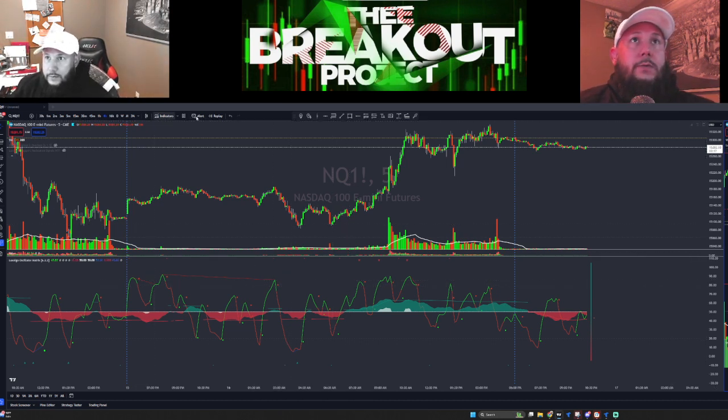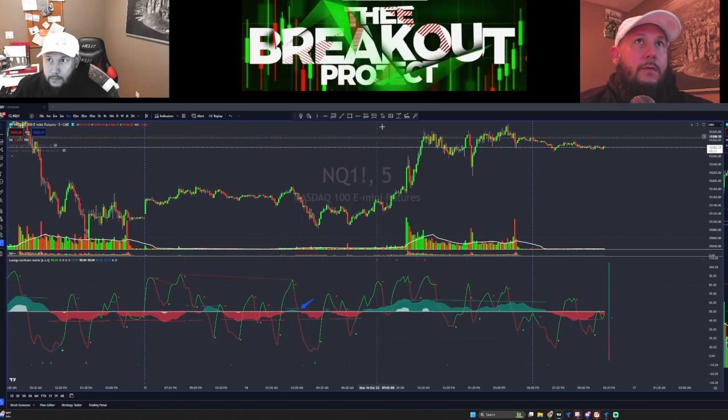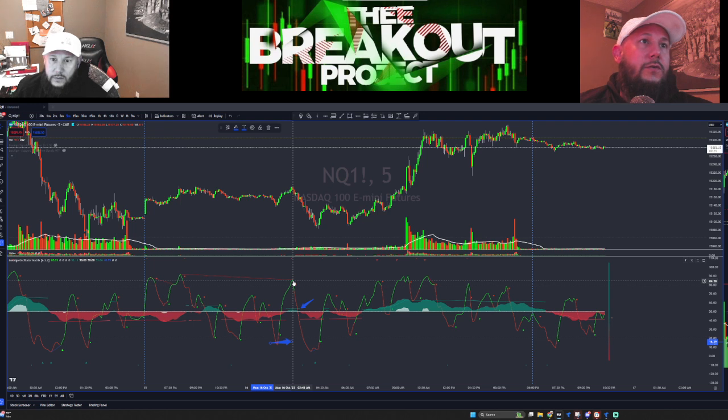So we're going to start here with an arrow, and we're first going to put an arrow right here, and then we're going to put an arrow right here, because on this setup we basically have two breaker structures, CHoCHs. The first one looks as if it would be right here.